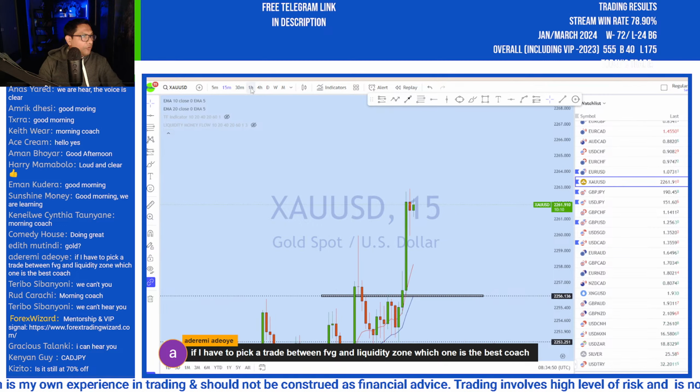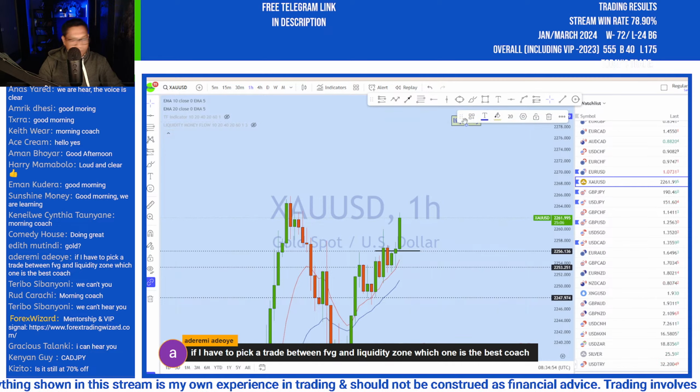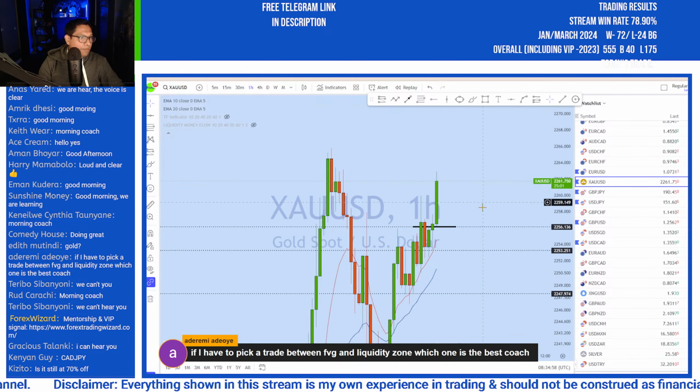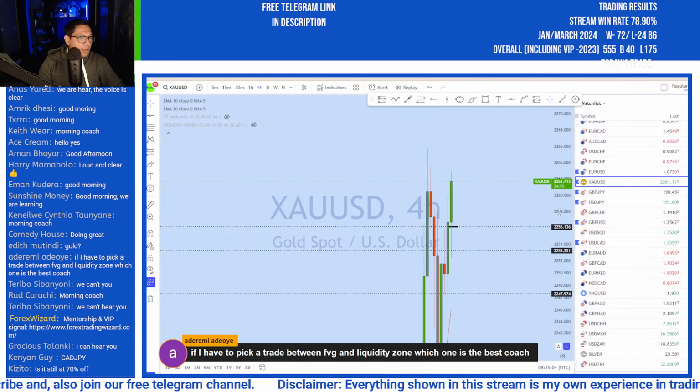If we look at the 1 hour price action, after this 1 hour pin bar, there is another bullish engulfer.